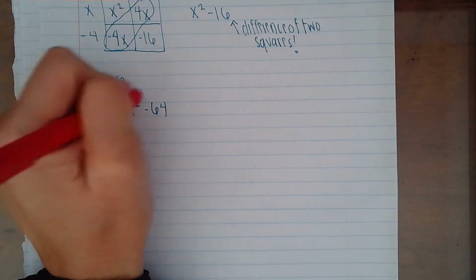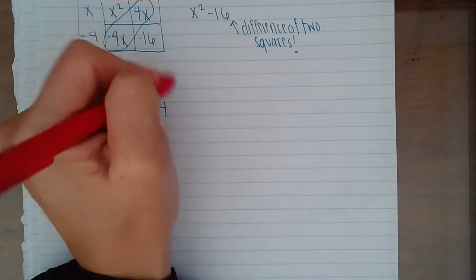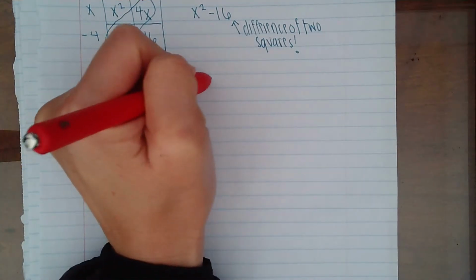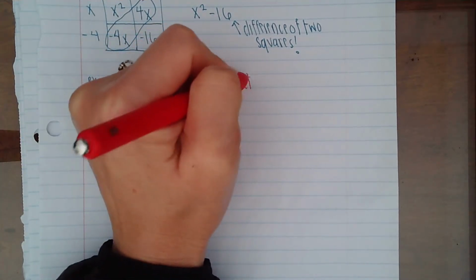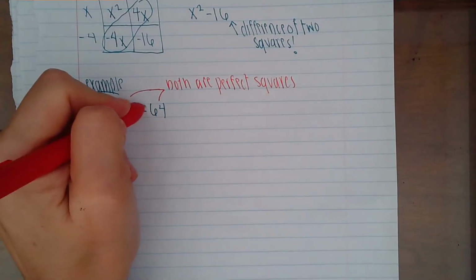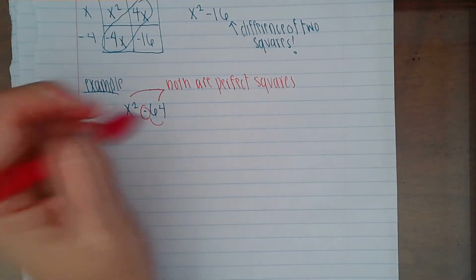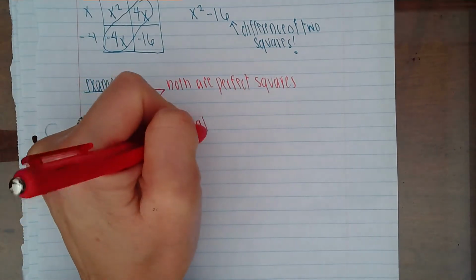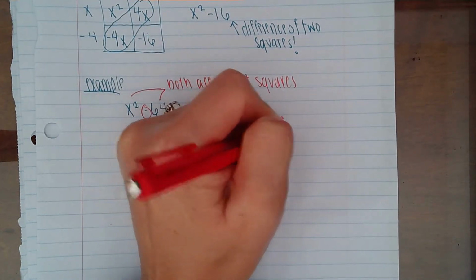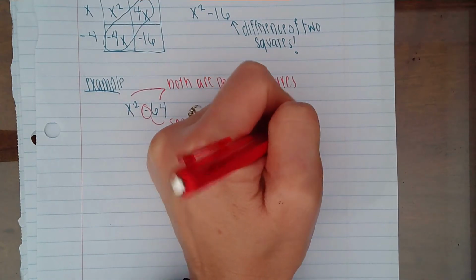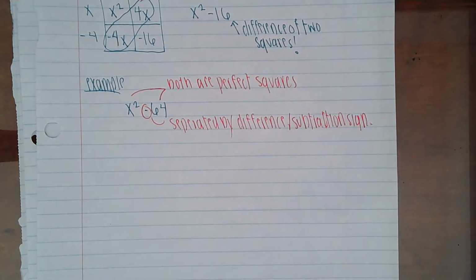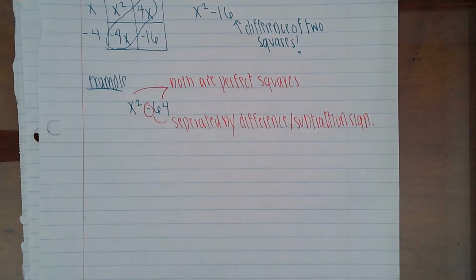Okay, so the big thing to pay attention to is that both are perfect squares, and separated by a subtraction sign. All right, so both of them are perfect squares and separated by a subtraction sign.